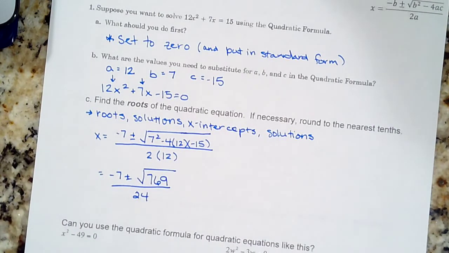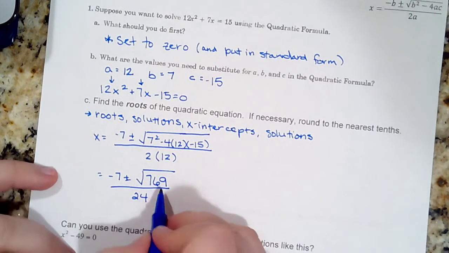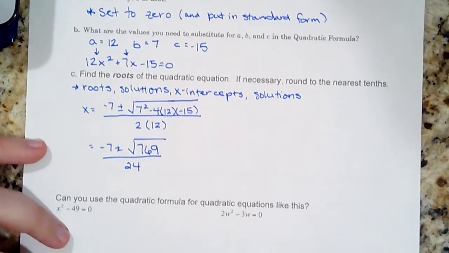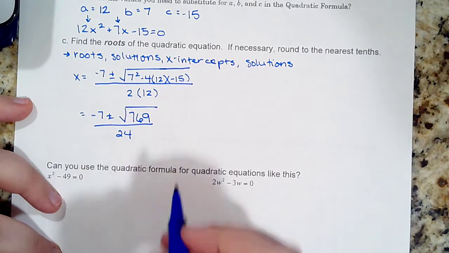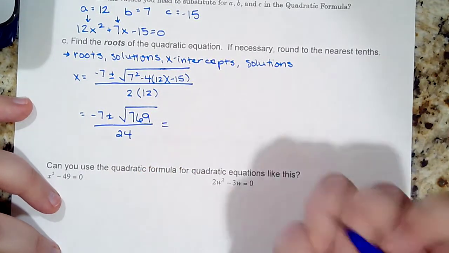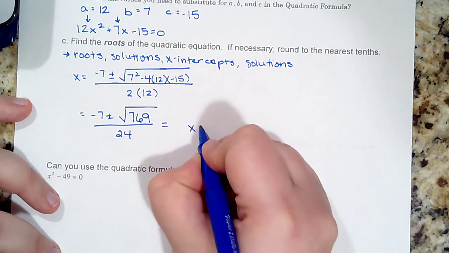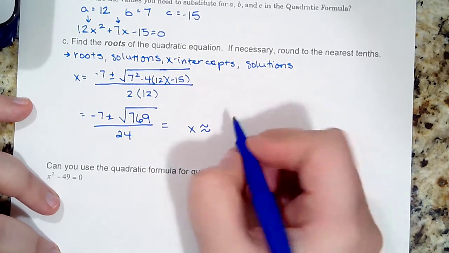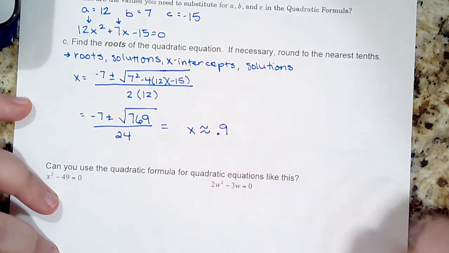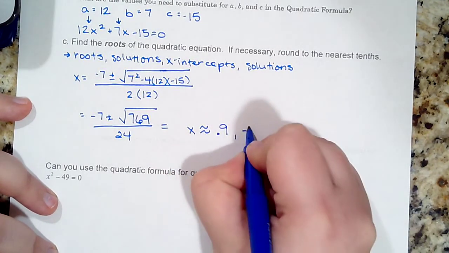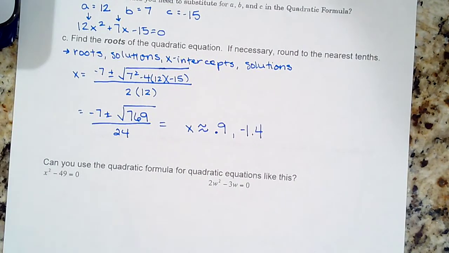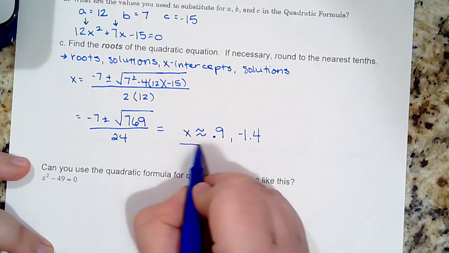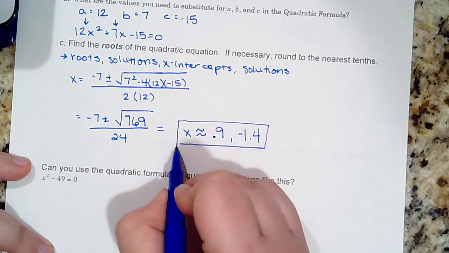Now, I said please usually keep these in this complex form. However, when you've got something that says 769 in the root, that's just awful to look at. So I'm going to throw that in a calculator and simplify this down to the two answers. So x, in this case, is approximately 0.9 and approximately negative 1.4. So those are our roots of this quadratic equation.